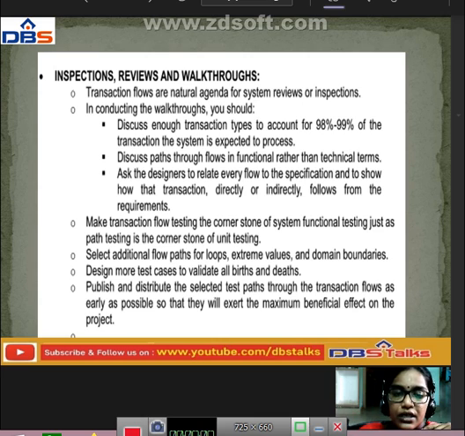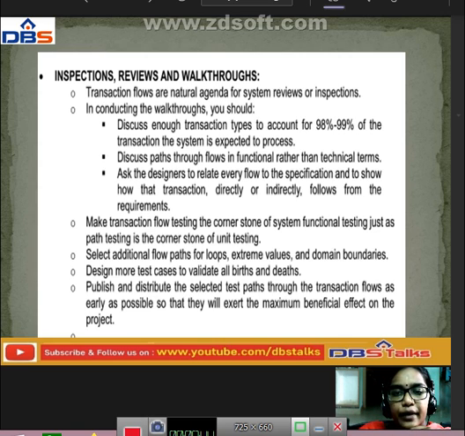So for that reason, first of all we have to ask the designer whether they are working in technical terms or in functional terms. You have to maintain the discussion with the designers who are going to design that particular transaction flow, and ask them to relate each and every flow to the specification, and show the transaction directly or indirectly, following up from the requirements.